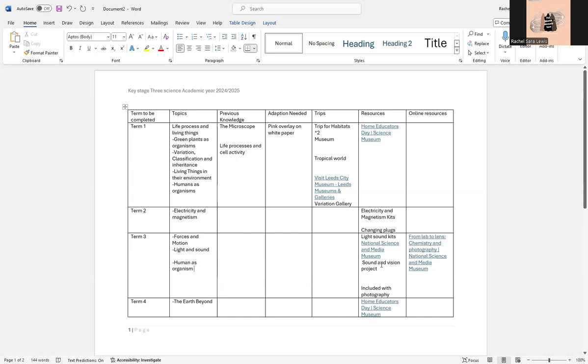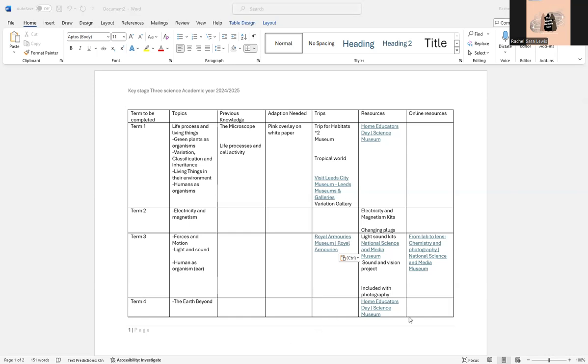Does that mean that the human ear would then be exposed to a lot of unnecessary trauma, and then would that affect someone's hearing? So we'll be doing that also. That's something that we need to plug in as a trip here. And I will go back to that at some point.